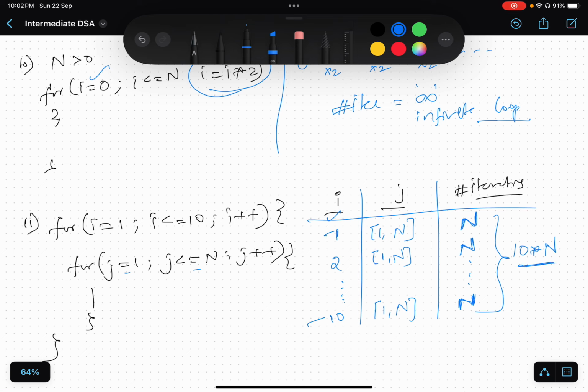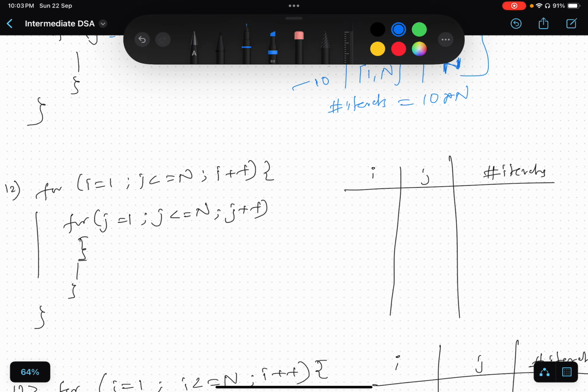Clear? I'll talk about order of n, time complexity, a little later, but I'm just focusing on the iterations. Similarly, if you try to solve this problem, for i equal to 1, my j is making 1 to n, so n iterations. I is running till n, so for every iteration of i, j is making n iterations.